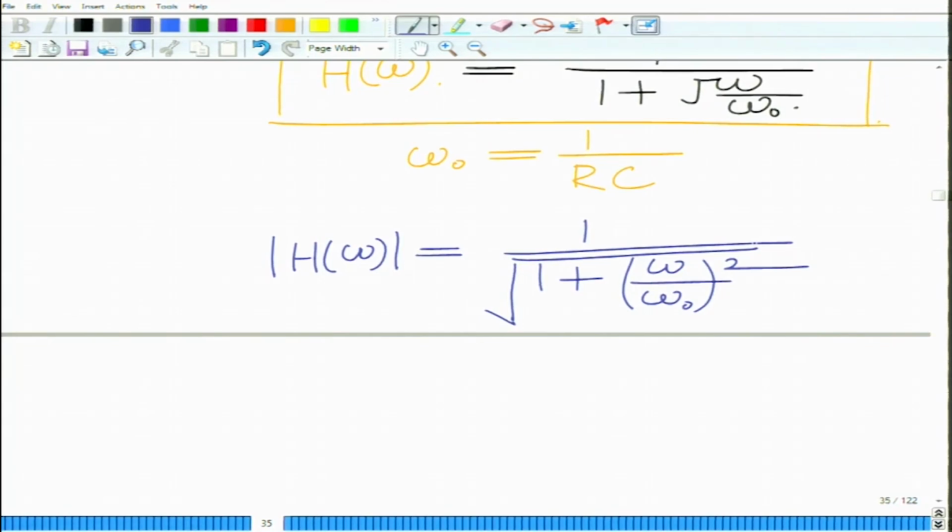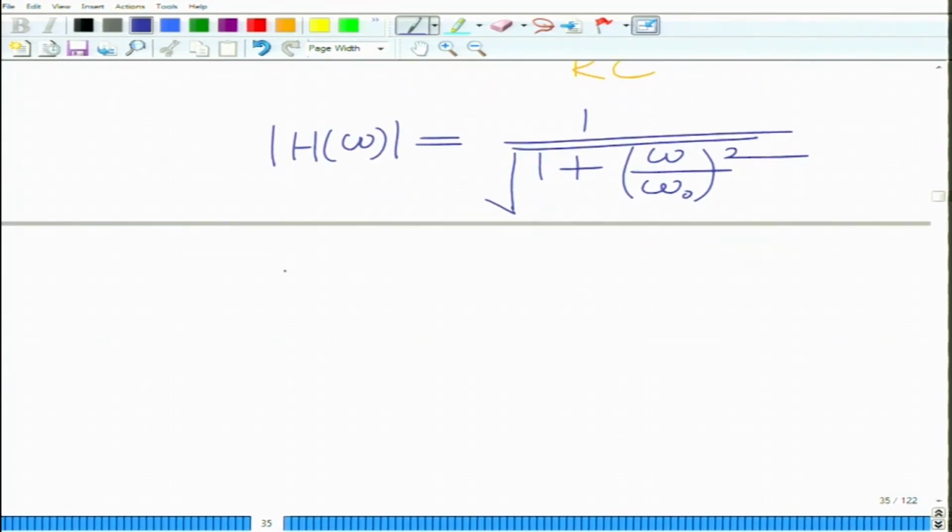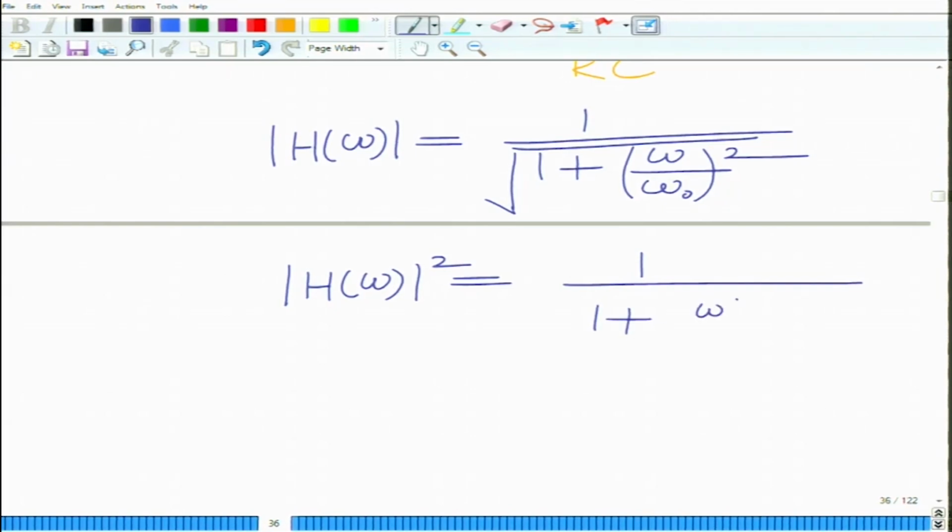That is the magnitude response. And therefore, if you take the square of the magnitude response, magnitude H(omega) squared is nothing but 1 over (1 plus omega squared divided by omega naught squared).